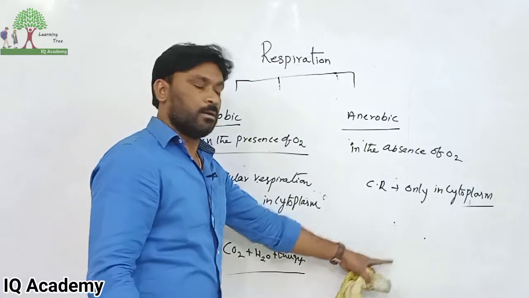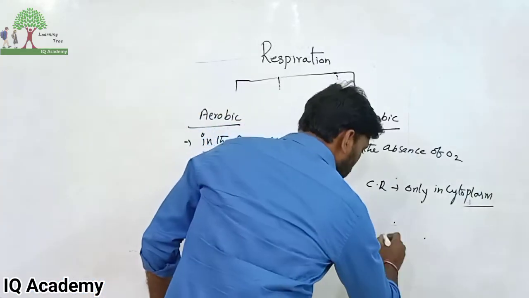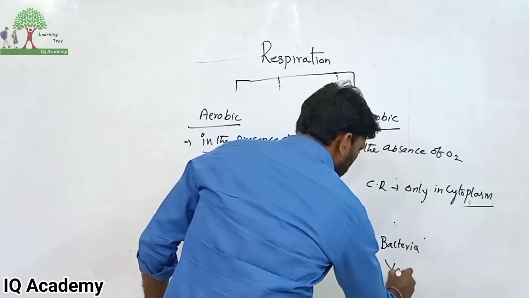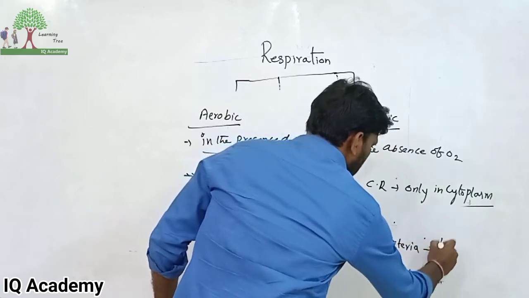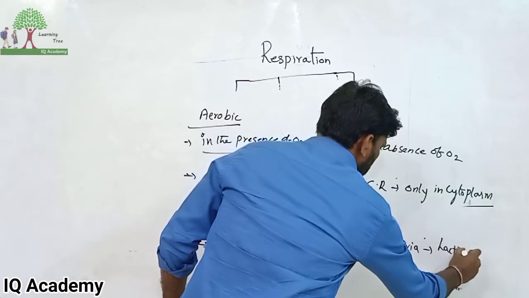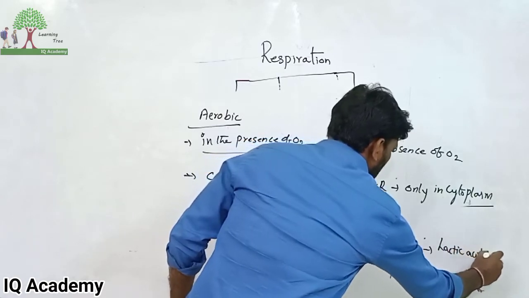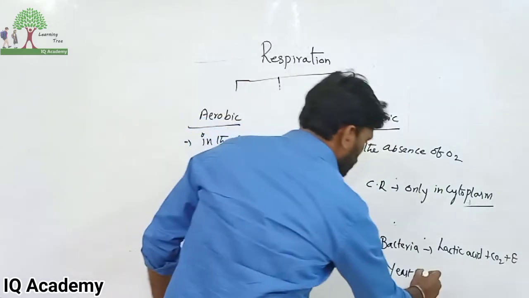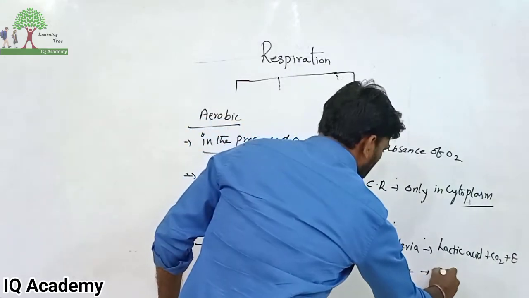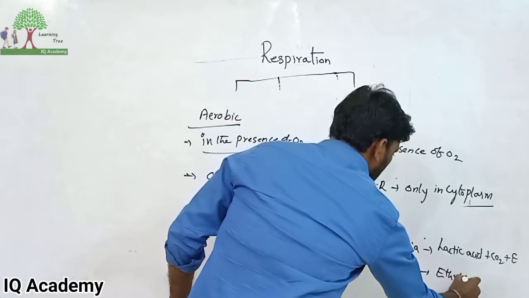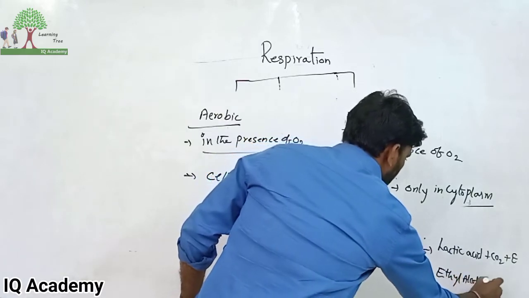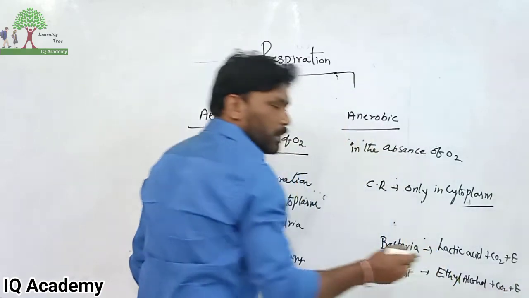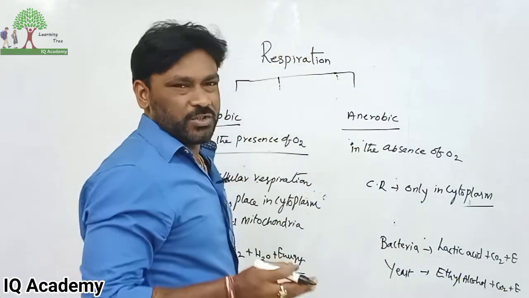And in the bacteria, lactic acid plus carbon dioxide plus energy; in yeast, ethyl alcohol plus carbon dioxide plus energy. So the least energy is released here.